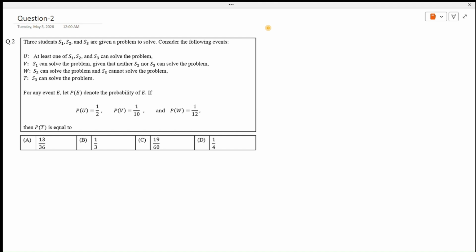If at least one of them solves the problem, that means the probability of the event where no one solves is equal to 1 minus the probability of 3, that is 1 by 2, which is equal to 1 by 2.